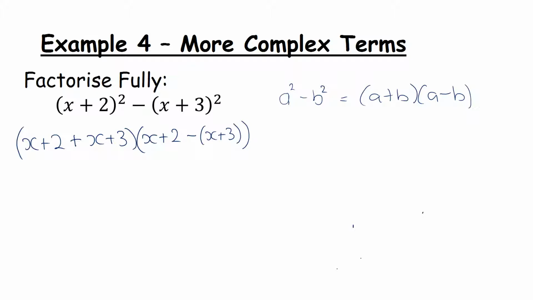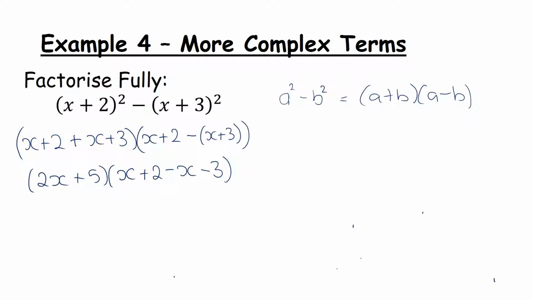So the easiest way to do this is to first show it in a bracket. So let's clean up our first bracket. We'll have 2x plus 5. And in our second bracket, we'll have x plus 2 minus x minus 3. So be really careful with this. We basically have a minus in front of both of these terms, so we have to get minus x and a minus 3.